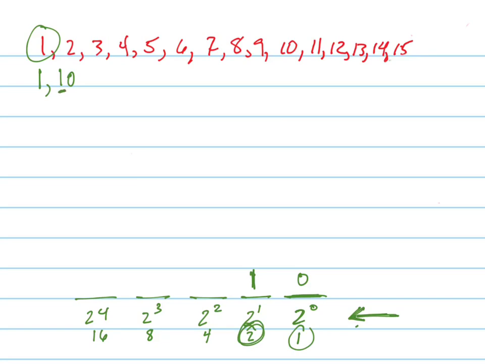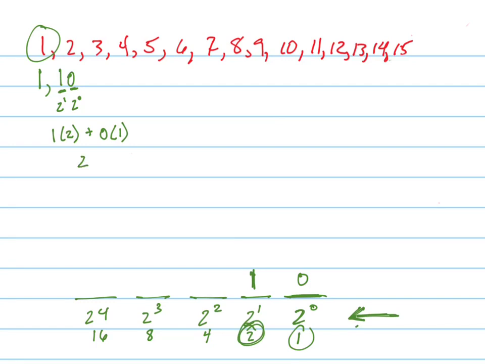This means I have 2 to the first, and this means I have 0 2 to the zeros. So right? Is this what we did last night? It's what we did last night. So I have 1 of the 2 to the firsts plus 0 of the 2 to the zeros, which equals 2.